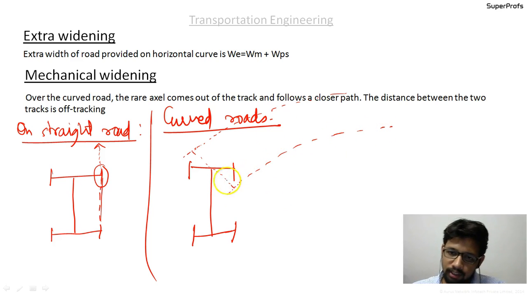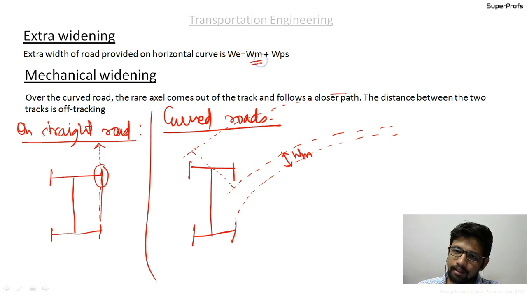But instead of following this trajectory, the rear wheel takes a shorter path like this. This is what is Wm, that we call mechanical widening, which is also known as off tracking.